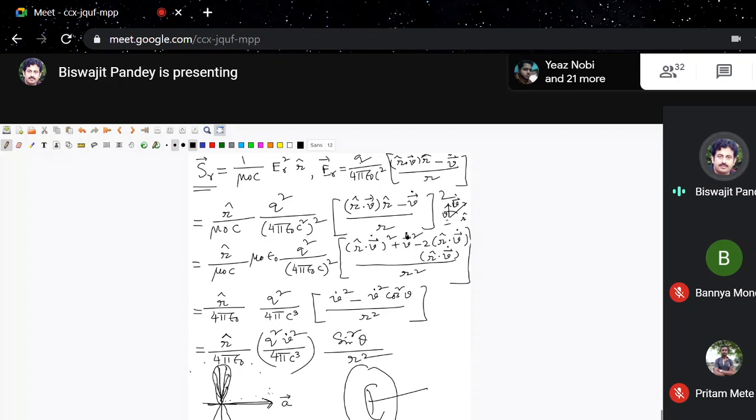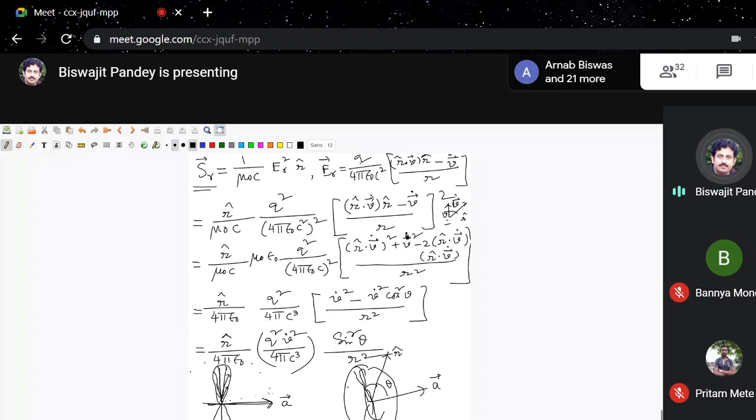This is the acceleration vector A. This is some arbitrary direction, say r cap. This is theta. So this is a two-dimensional diagram which is showing you a cross section. If I take a cross section, then this part looks like this, and this part looks like this, right?